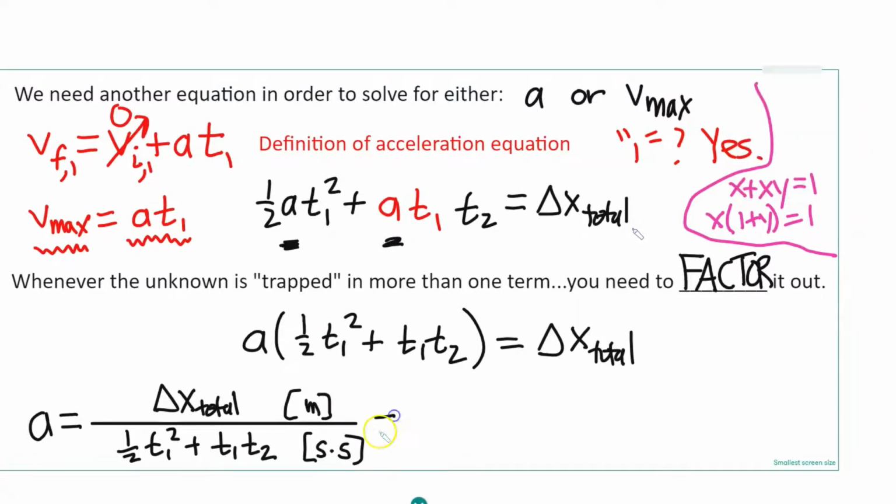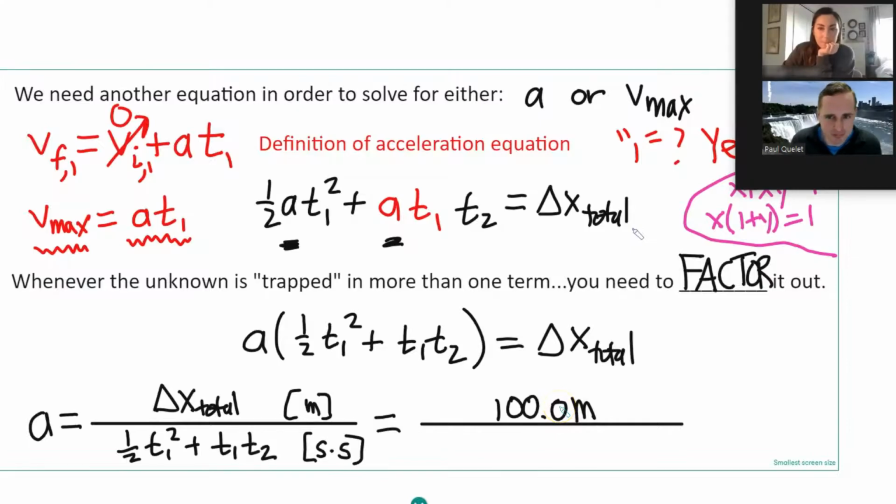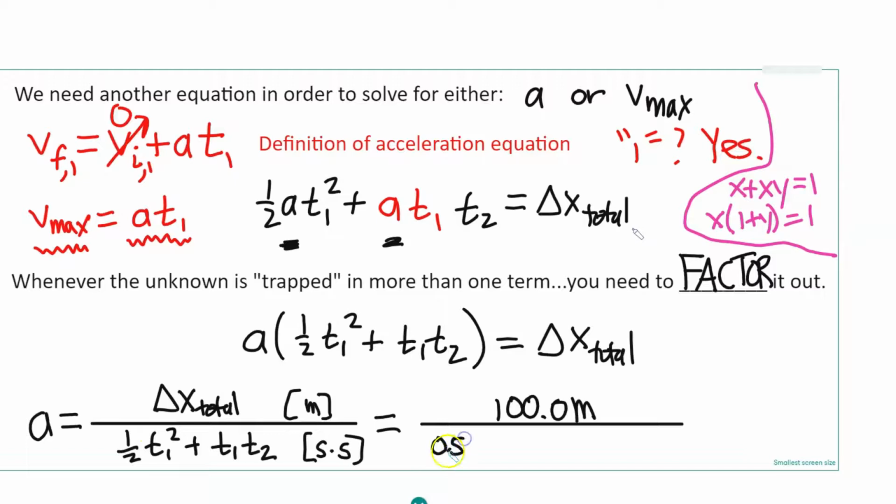So finally, let's put the numbers in. We've got delta X total is 100 meters exactly, measured out accurate to less than a centimeter. Then we need 1/2, which is the same thing as 0.5, so I'm just going to do 0.5, it's easier to put in our calculator.